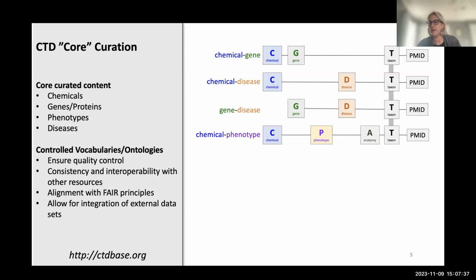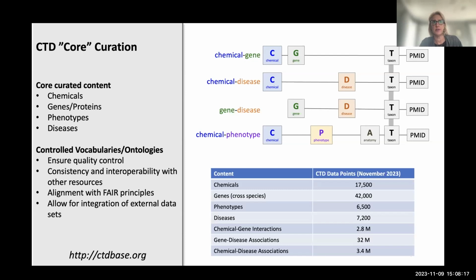It could be at a cellular or a tissue level, but that could be valuable in the sense that it helps understand the progression towards disease, or may provide insight into biomarkers of diseases. All of this information is captured using controlled vocabularies, so that helps us ensure quality control, consistency of our curation, and then interoperability with lots of other resources that are using similar types of vocabularies and ontologies.